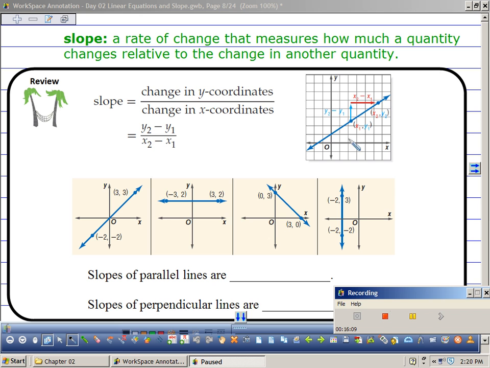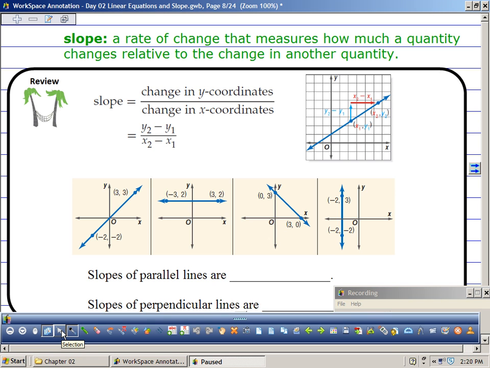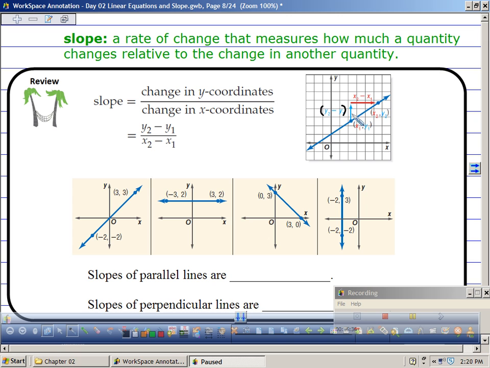It's this change right here, the difference between my y-coordinates. This is your rise, the change in y, delta y. You've seen that before, right? Compared to your change in x, the difference between your x values.